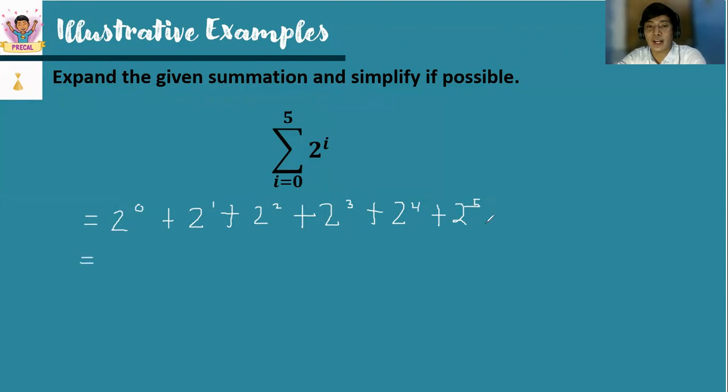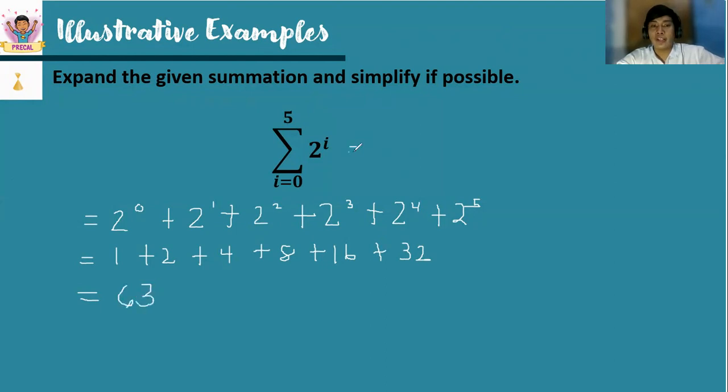We evaluate now the exponential expressions. 2 raised to 0 is 1, 2 raised to 1 is 2, 2 squared is 4, 2 cubed is 8, 2 to the 4th is 16, and 2 raised to 5 is 32. Adding all the terms in the given series, we have 63. Therefore, the summation of 2 raised to I from I is equal to 0 to 5 is 63.